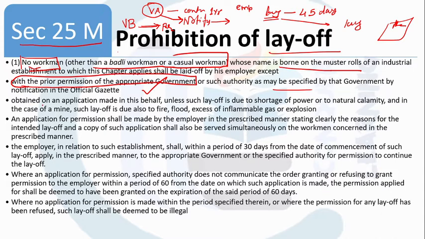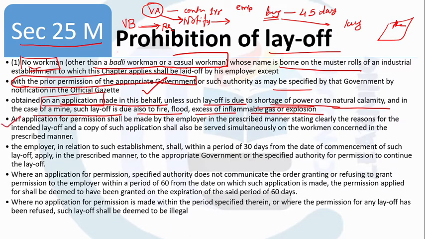Then obtained on an application made in this behalf, unless such layoff is due to the shortage of power. Second thing, they have to make an application, and the layoff can be only due to the shortage of power, natural calamity. In case of mine, the layoff is due to fire, flood, excess of inflammable gas or explosion.